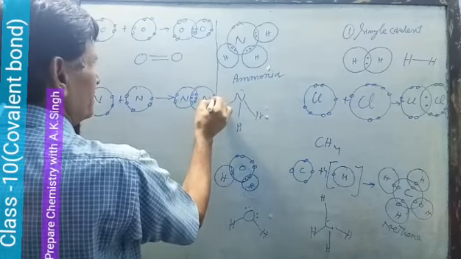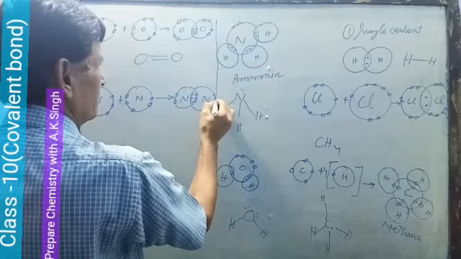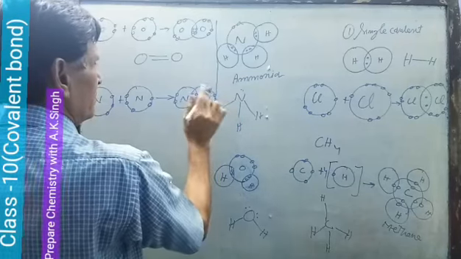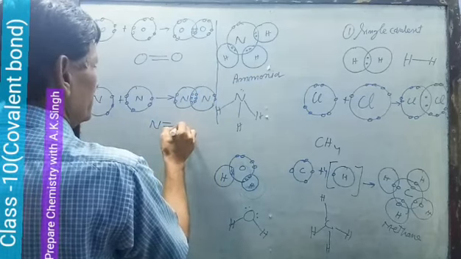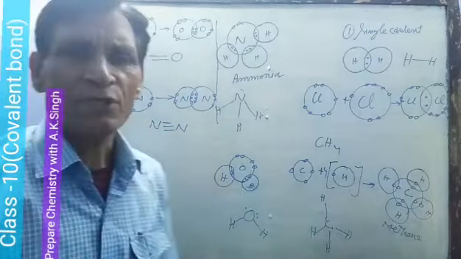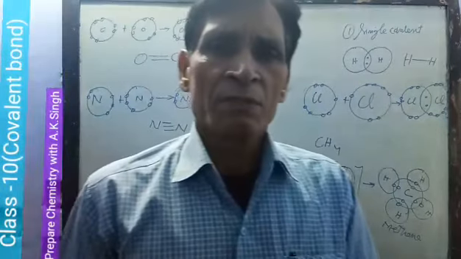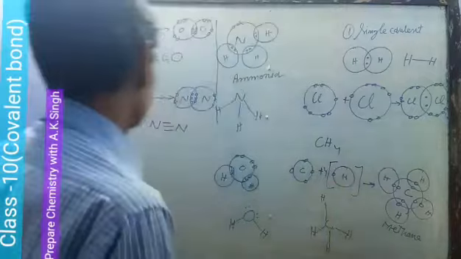This is a non-bonding pair of electrons, and it is represented by putting 3 lines like this. This is an example of triple covalent bond. Now let us see polar covalent bond.